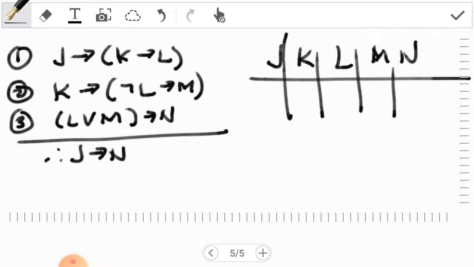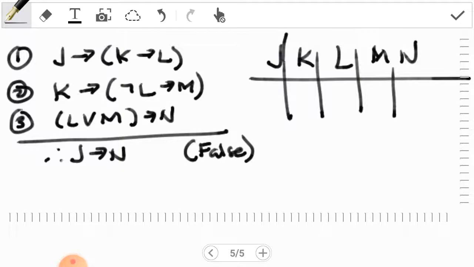So when proving if an argument is invalid, we always go first to our conclusion, and we want to make our conclusion false. How do we make it false? We choose truth values for the propositions involved in the conclusion.